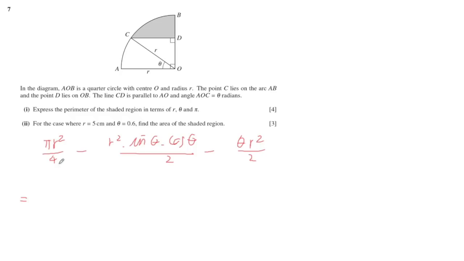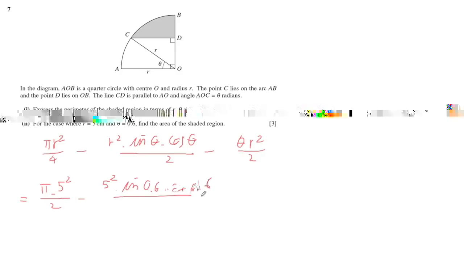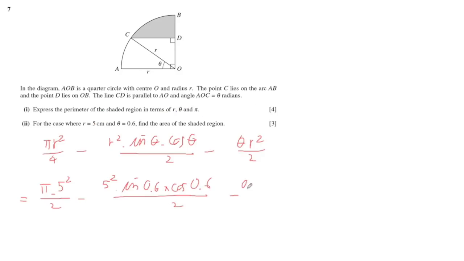And I will simplify the numbers: pi r squared divided by 4, minus r squared times sine 0.6 times cos 0.6 divided by 2, minus 0.6 times r squared divided by 2. No, it is 4. Okay, wait for me to use my calculator.